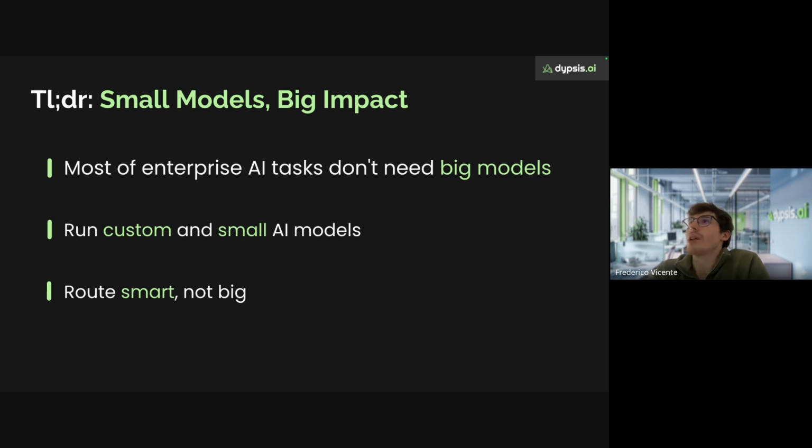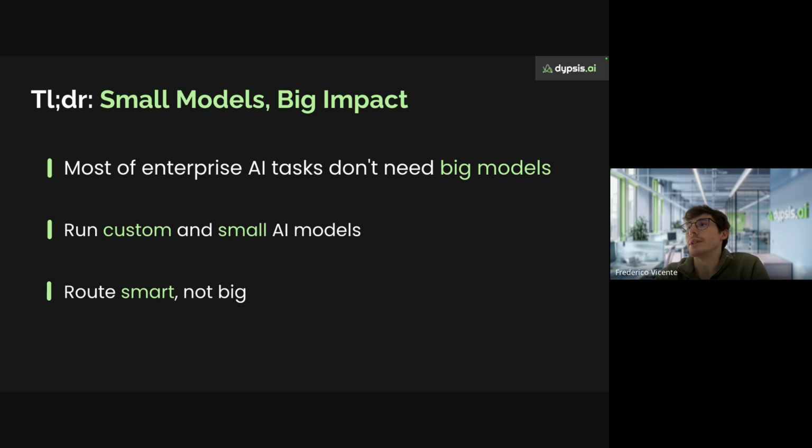Overall, the idea that I want you to have from this webinar is that most enterprises don't really need big models to make use of AI to solve a lot of the processes that they have. Small models nowadays can have a big impact and solve a lot of these problems.